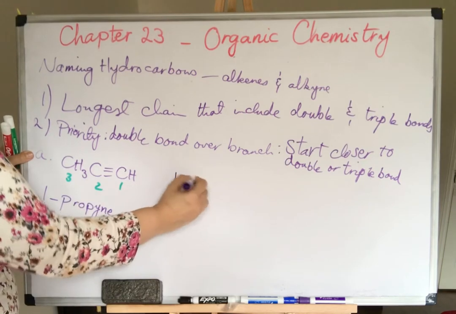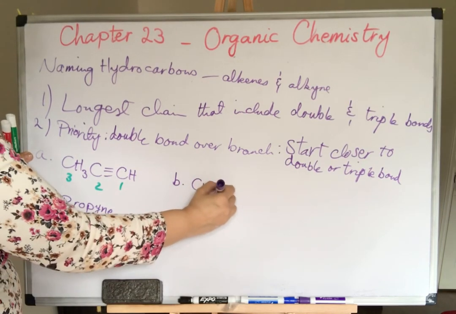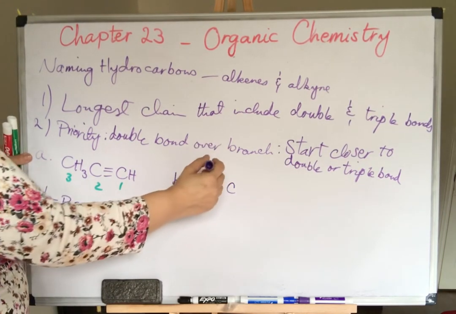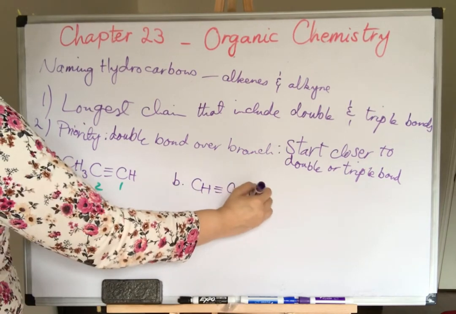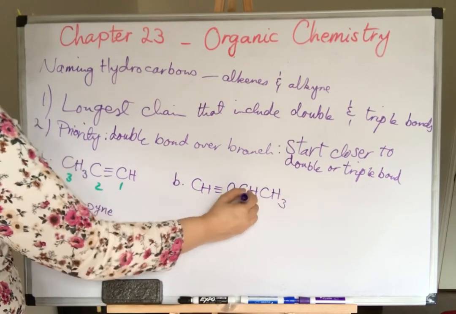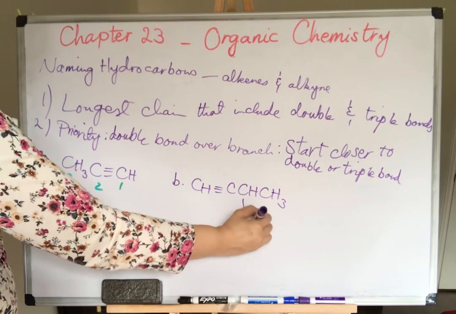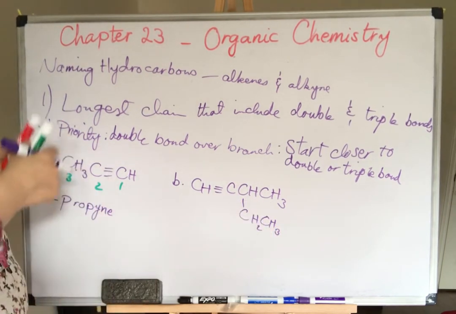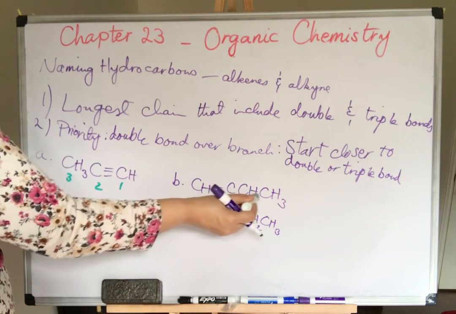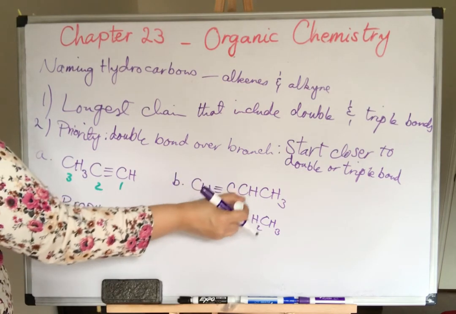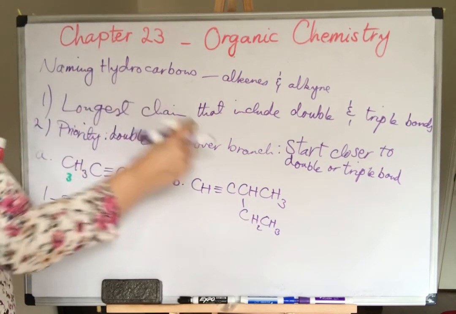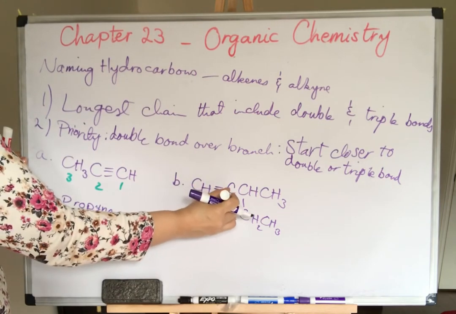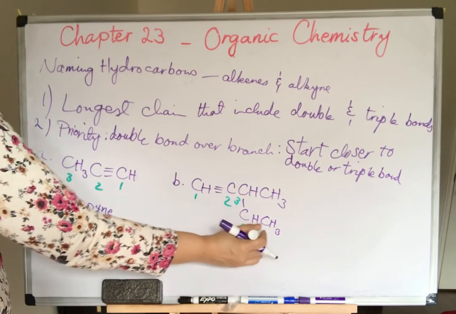And the second one is CH, C, CH, CH3, CH2, CH3. Longest chain including the triple bond, 1, 2, 3, 4, 1, 2, 3, 4, 5. And this is the closest to the triple bond. So 1, 2, 3, 4, and 5.